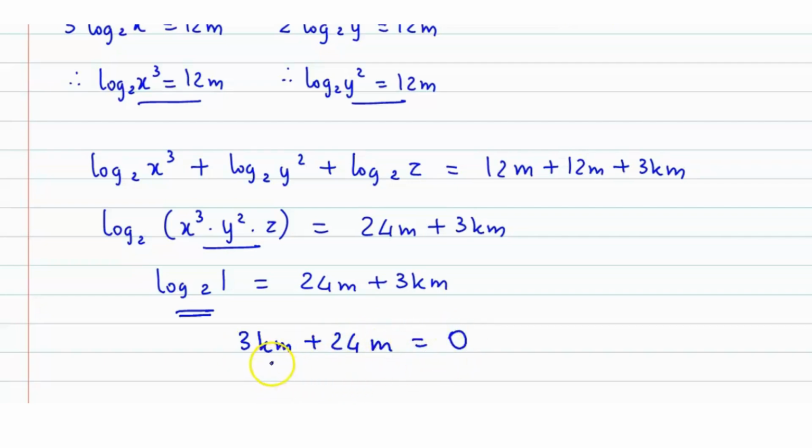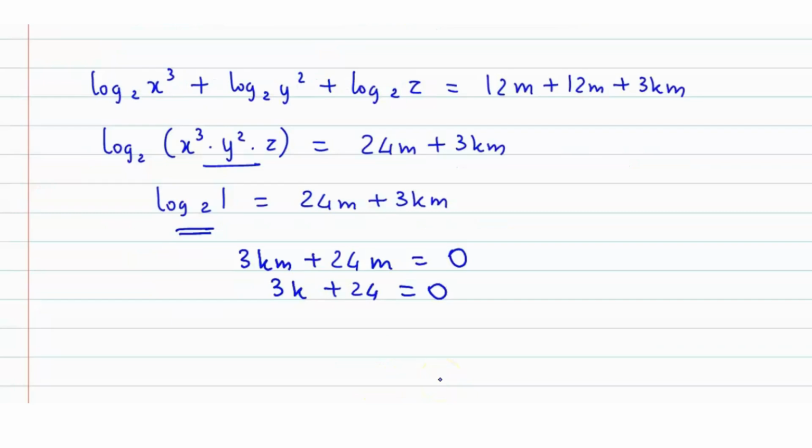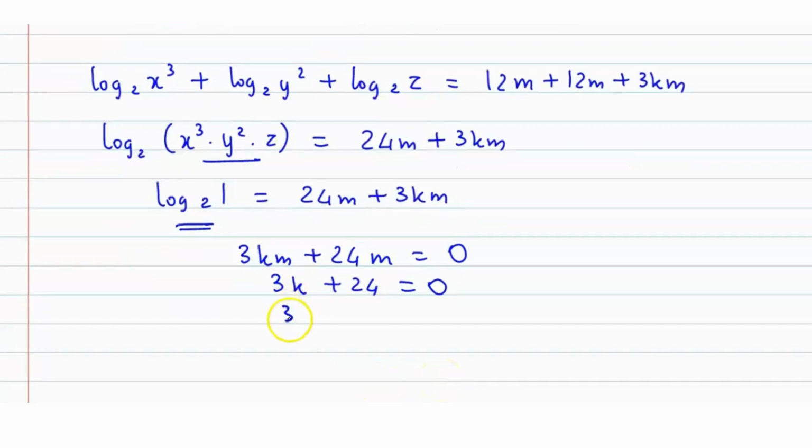Dividing throughout by m, we get 3k plus 24 is equal to 0. Then 3k equals minus 24. So we get the value of k as minus 24 by 3, which is equal to minus 8.